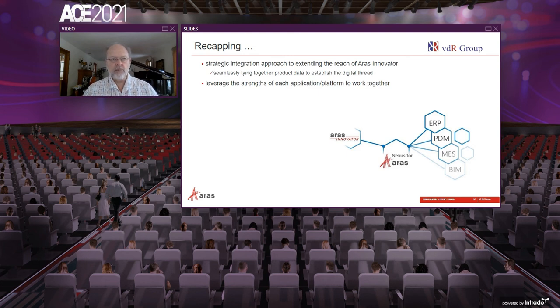Aras is very capable, but there's certainly other platforms that are so-called best of breed that do a number of things in the different areas of the product lifecycle. And then the primary use cases that we just illustrated that are important to note are the part BOM release, the document release, these event triggers, and so on.